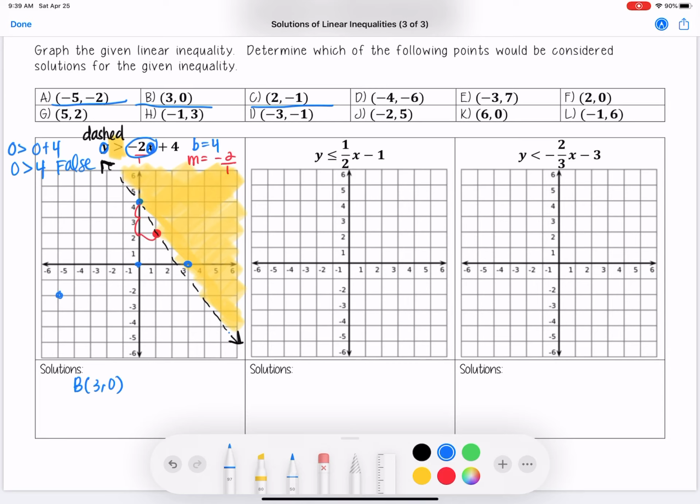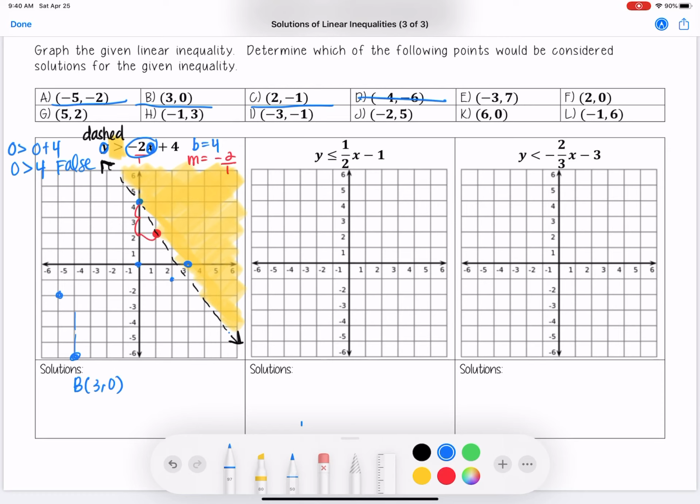C is 2, -1. So 2, -1 is here. Okay, that's not a solution. D is -4, -6. So that's left 4. And then down 6, that's here. That's not a solution. It's not in the shaded part. So essentially, you're just looking for points that are in the shaded areas.